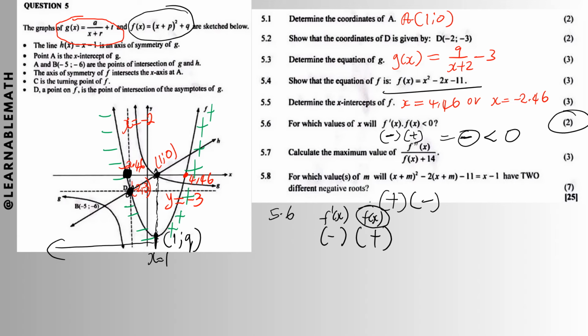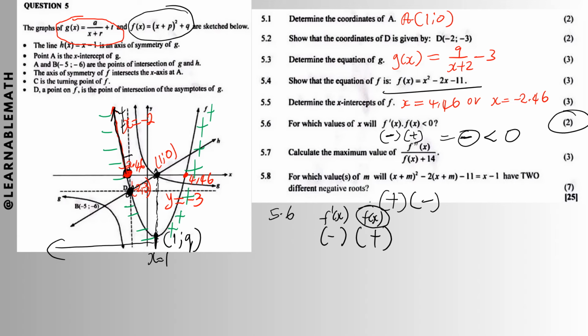So from minus 2.46, the graph of f is above 0, right? This black one is positive, it's above 0, right? But its derivative is negative. I've represented the derivative using green there. Can you see? So that's the point where one is negative and the other one is positive.